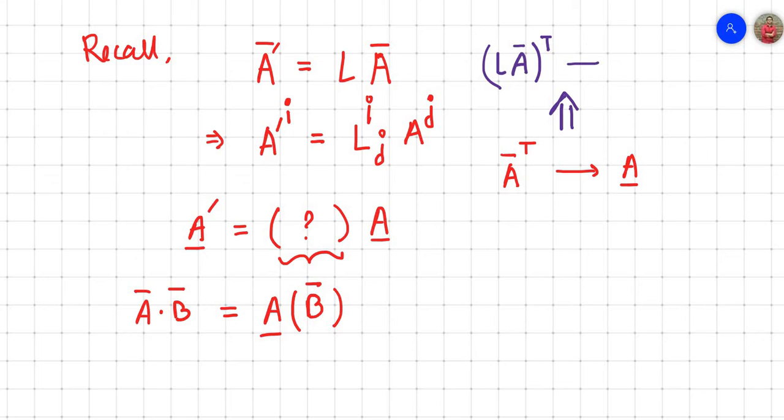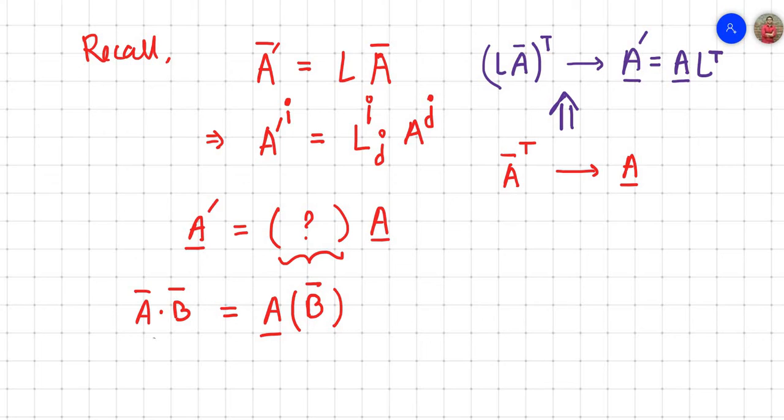This should give us the transformed dual vector in the new coordinates. So A dual prime should be A dual and then L transposed.